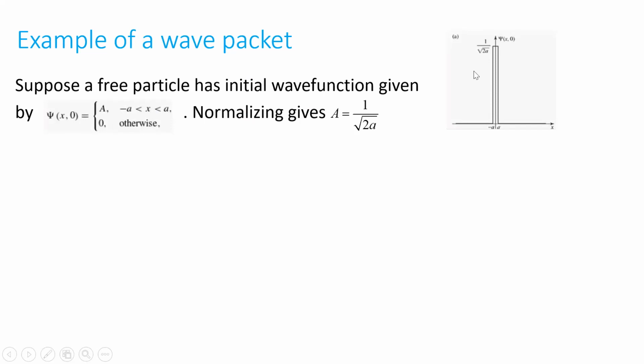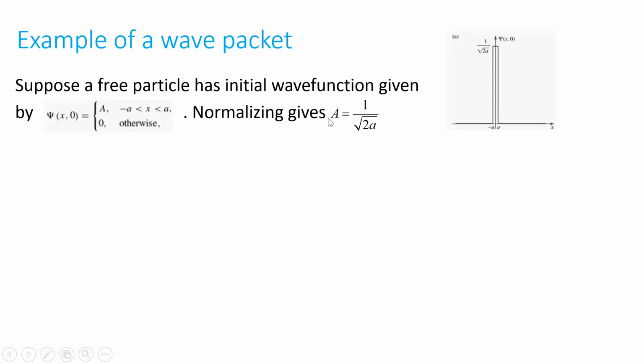Okay, and that's pictured here. So between minus a and a, psi of x, 0 has a given value, and outside it's 0. So this is an initial wave function which is localized around x equals 0.